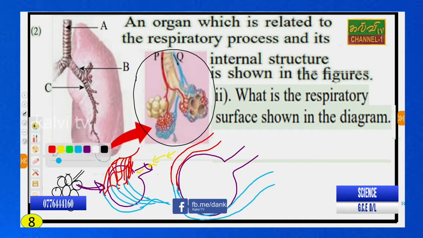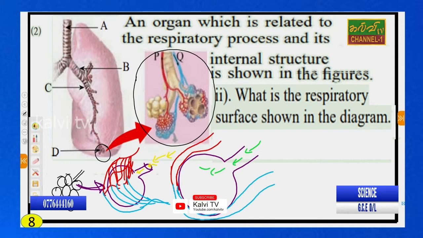Air, oxygen gas, can come into this one. We find the surface, called this one.